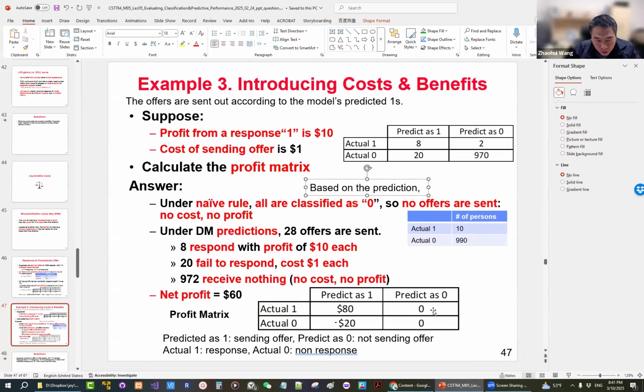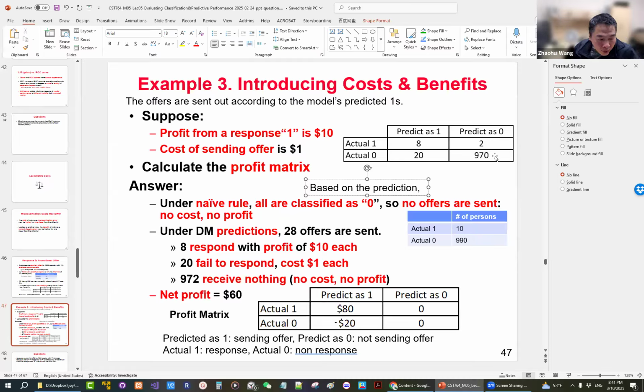And for this column, predicted to be 0, we will not send out offers to them, so there's no cost. Because we didn't send out, we didn't have any response, so there's no profit for the 2, no profit for 2, and no cost for 970.